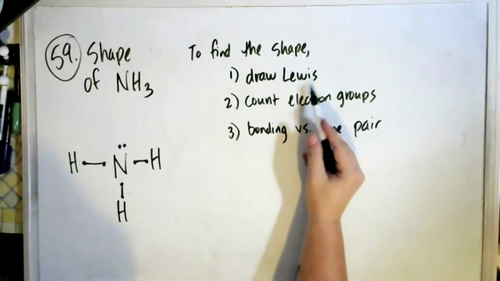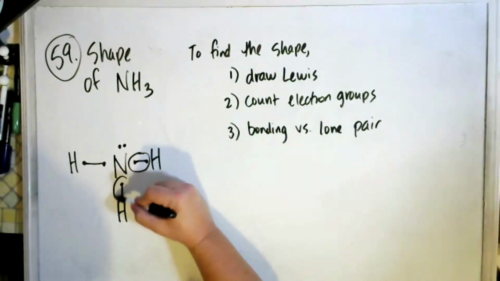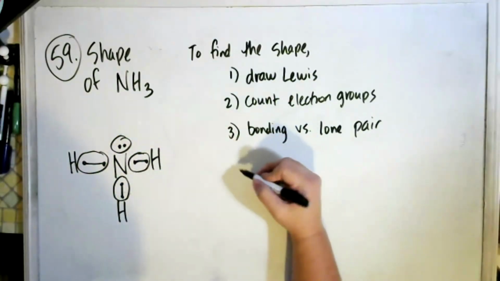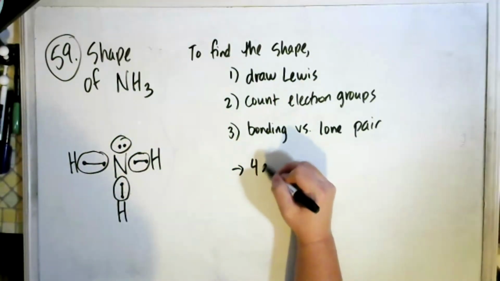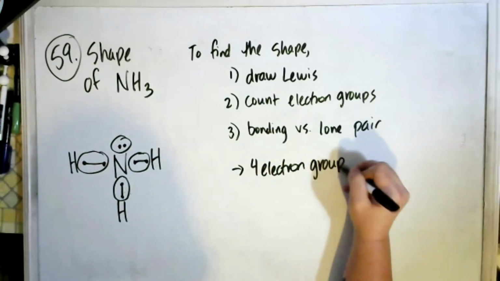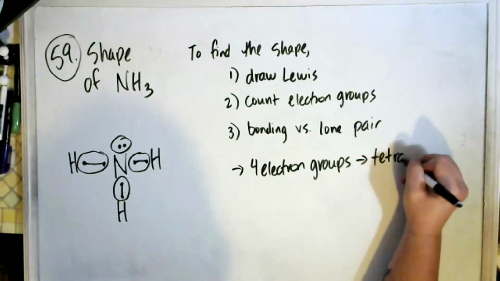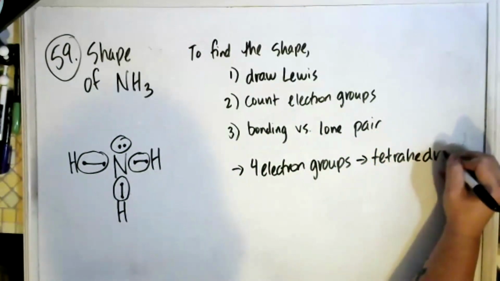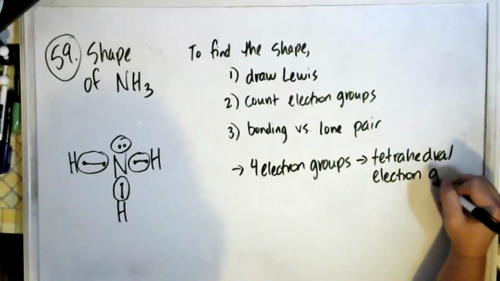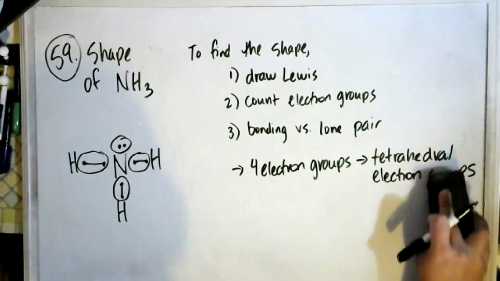Okay, drew the Lewis structure. Now we're going to count the electron groups around the nitrogen, around our central atom only. Okay, so we have 4 electron groups, which means we're going to have a tetrahedral electron geometry, just like last time, because the number of electron groups didn't change.